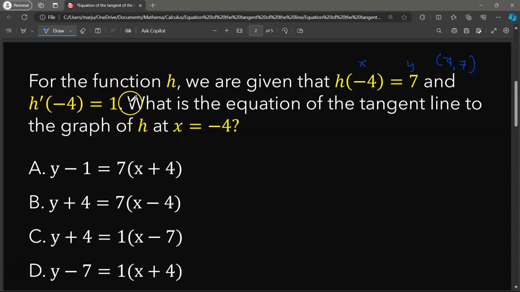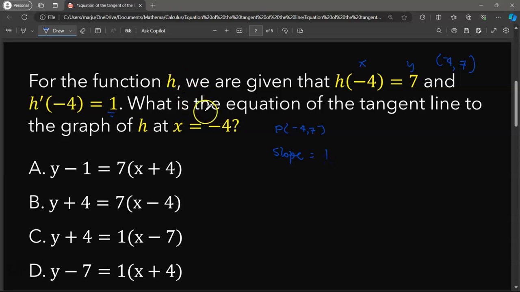And we are also informed that the slope is 1.